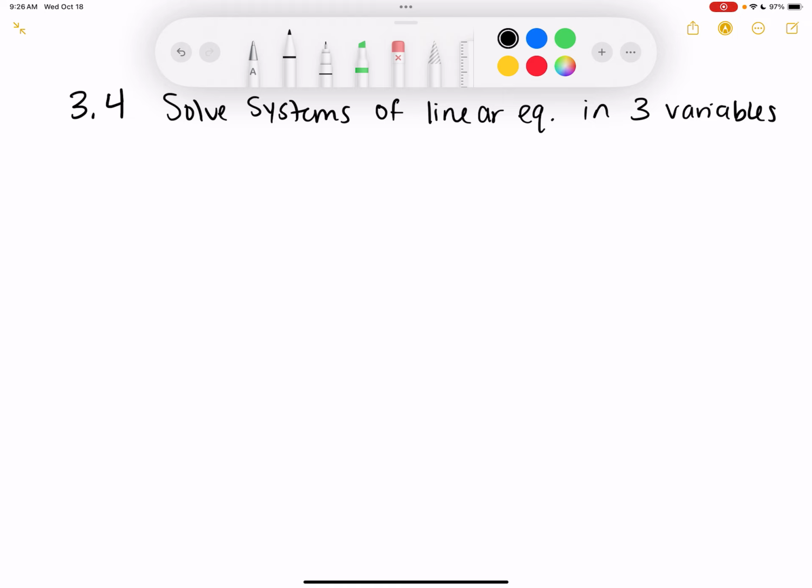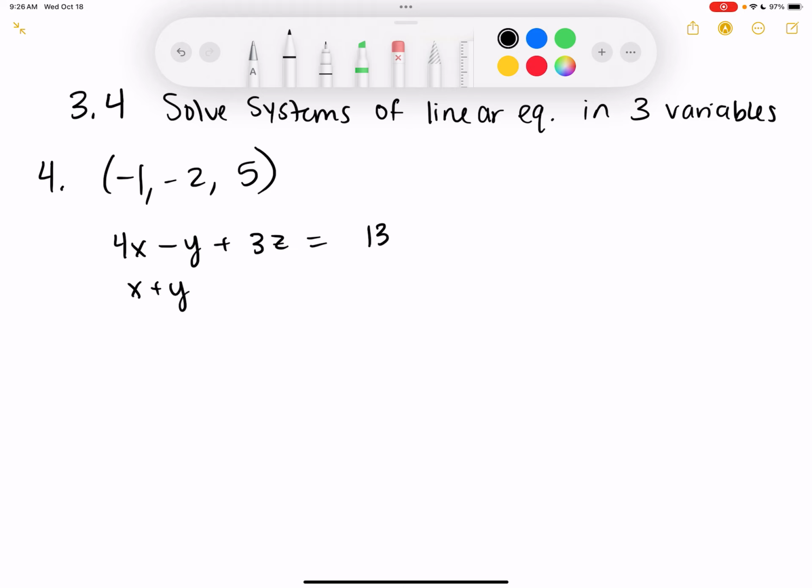So we're given the point -1, -2, 5, and the equations 4x minus y plus 3z equals 13, x plus y plus z equals 2, and x plus 3y minus 2z equals -17.